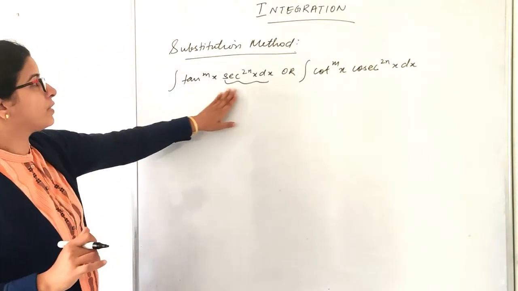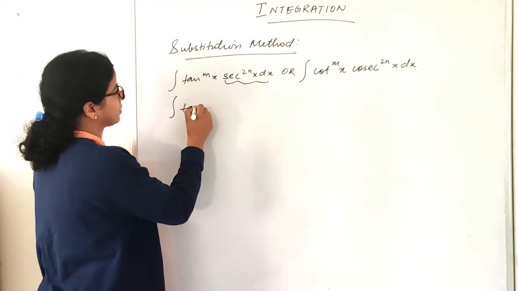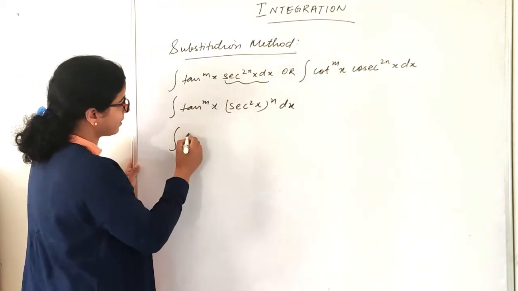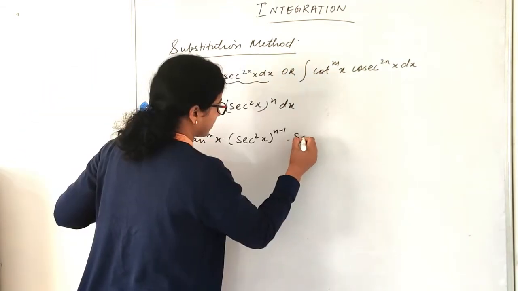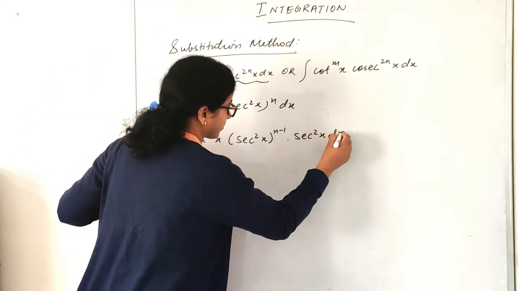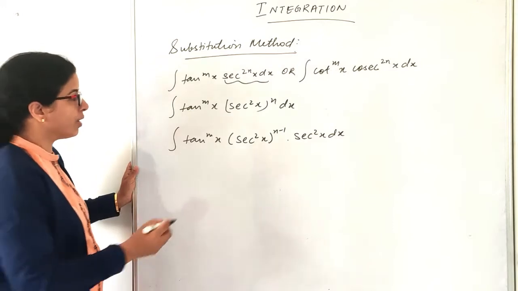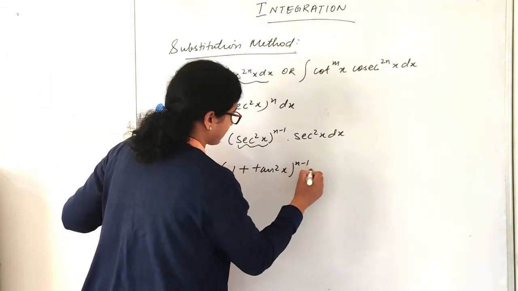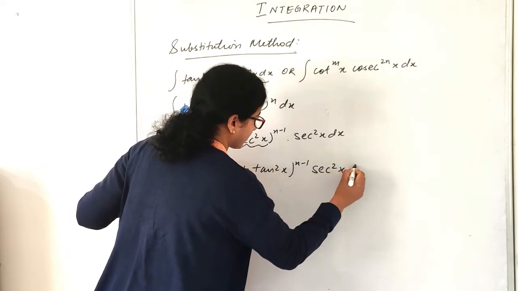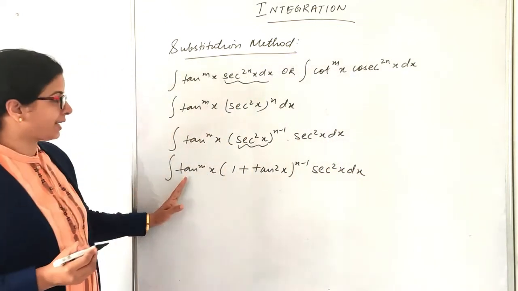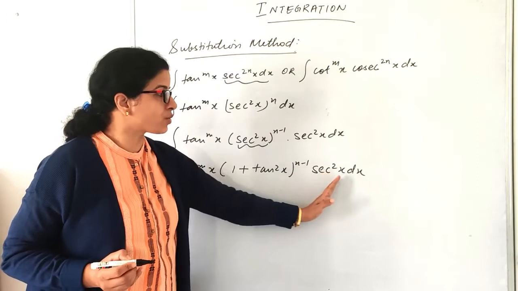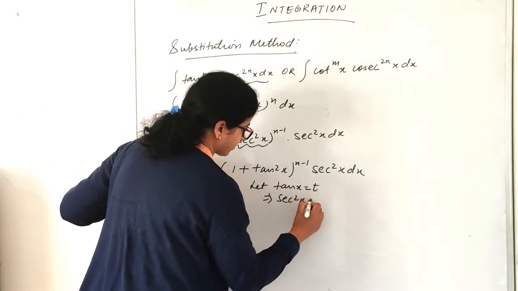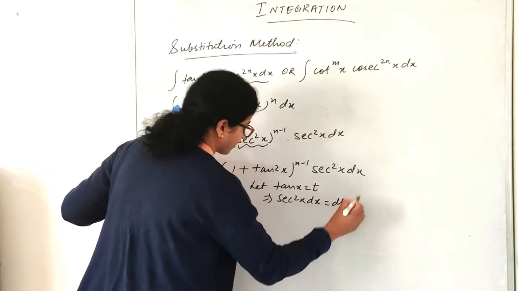First of all, we will write this integration, and then I can write this part as sec^2 x times tan^(n-1) x... Then let tan x be t and sec^2 x dx equal dt.